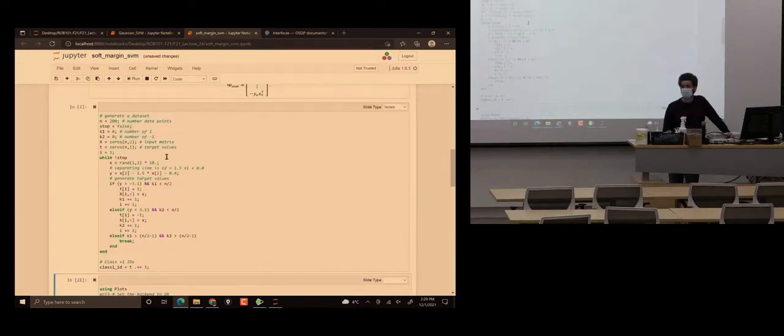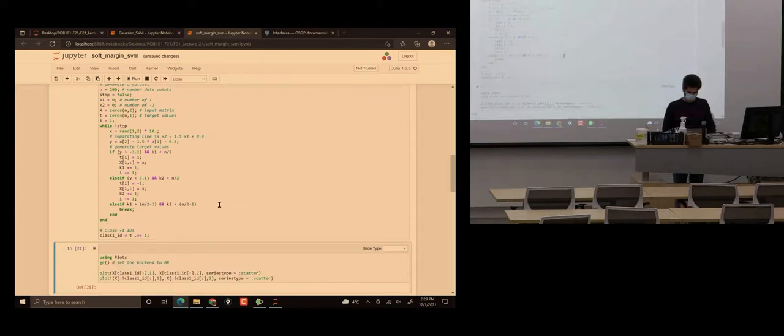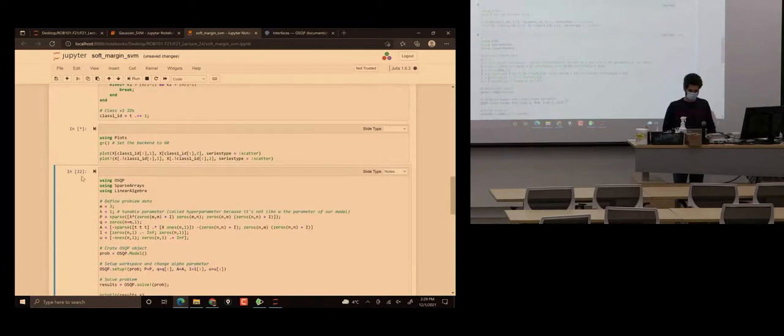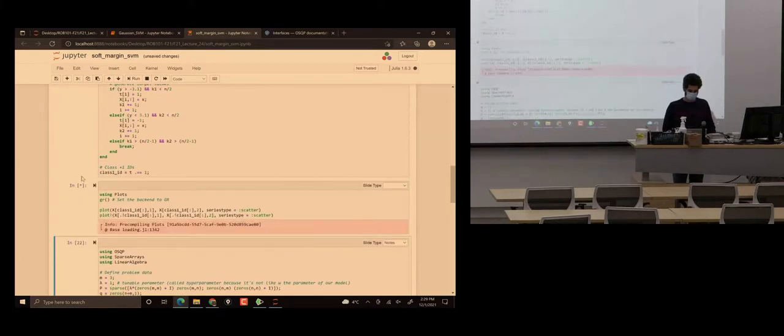Now this part is just a random idea to generate data. The way I do it is not important. You can change it. Then I visualize it to make sure it's reasonable for the test problem that I'm trying to solve.